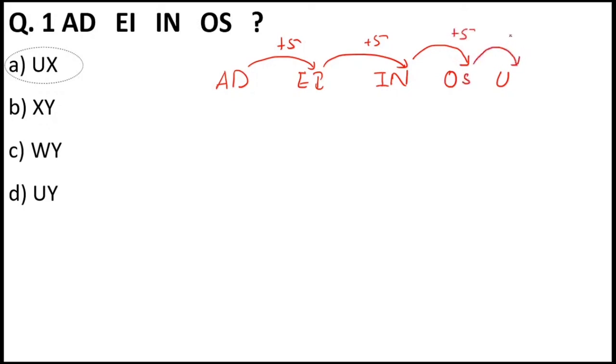So the same way, in the last term also, we'll have to add 5 terms to S. How much we'll get? S, T, U, V, W, and X. Okay, so the fifth term is X. That is why A is the right answer. Okay, all the students who have got A as the right answer, it's absolutely correct.